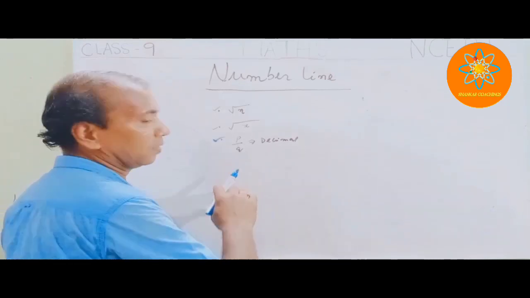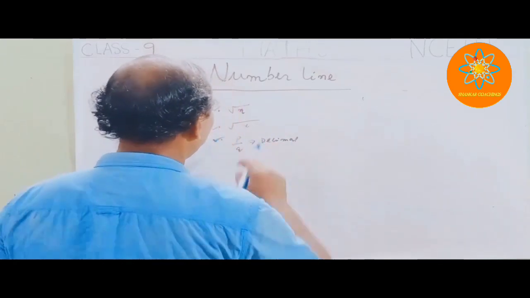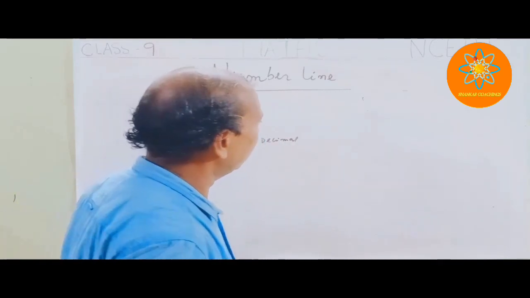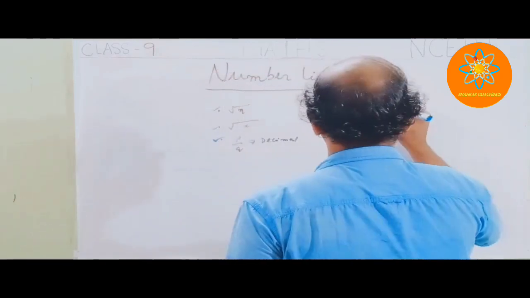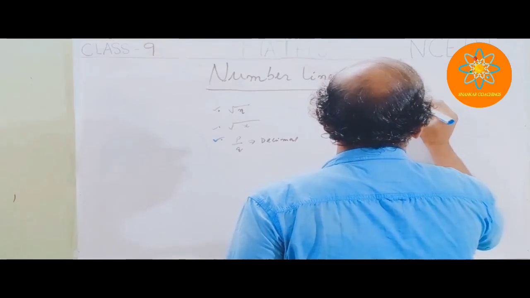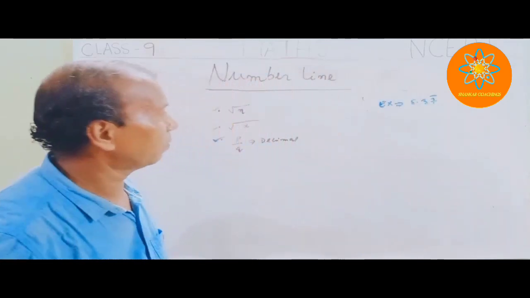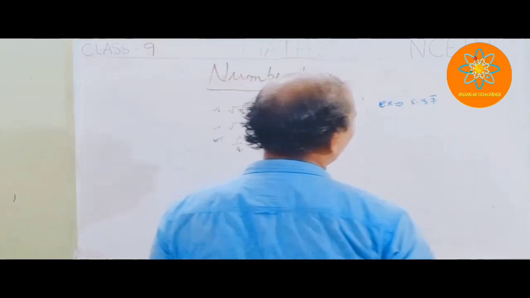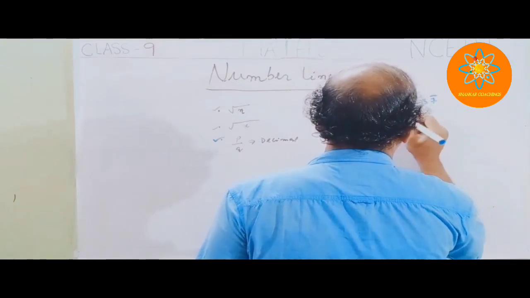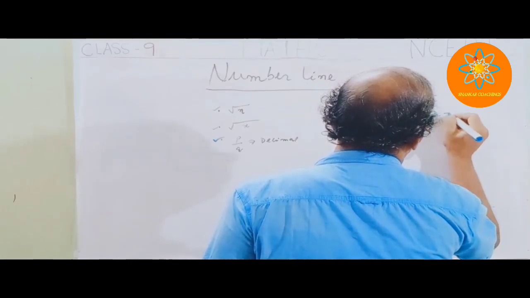Now the next one is when simply a decimal number is given, or a P by Q form is given that is changed into a decimal number. Let's suppose I want to represent 5.37 bar on a number line. So how do we solve this one? It will be nothing but 5.3777.